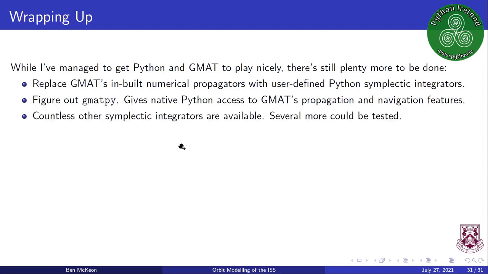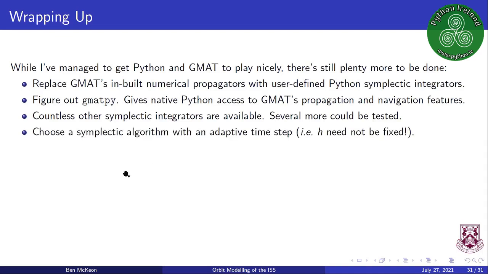And like I said, there are tons of other symplectic integrators available. If you just Google symplectic integrators and throw it into Google Scholar, you'll find tons of different research papers with this method and that method. We could test loads more of them, and there's bound to be an even better one out there than any of the ones I've used. We could even choose a symplectic algorithm with an adaptive time step.